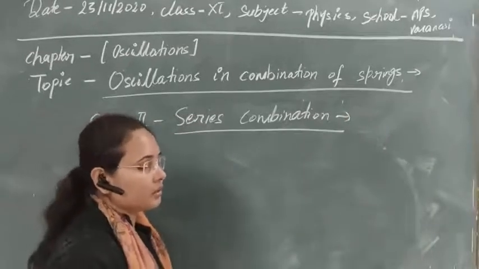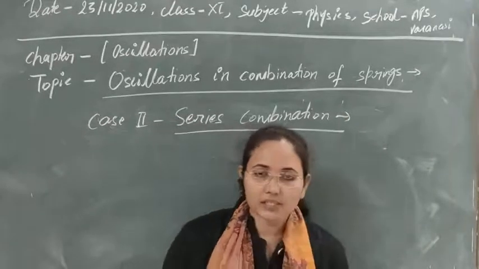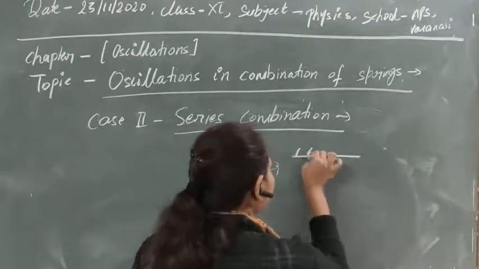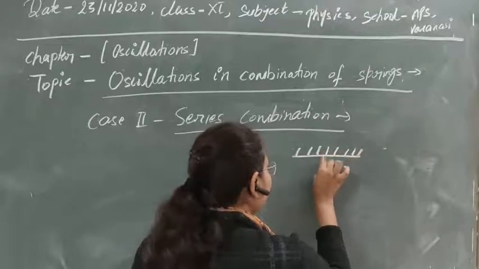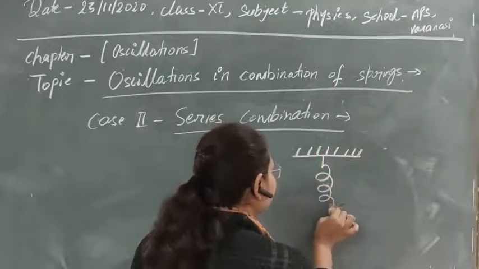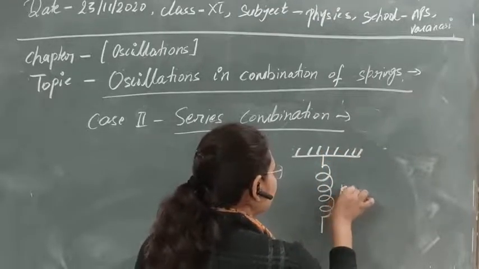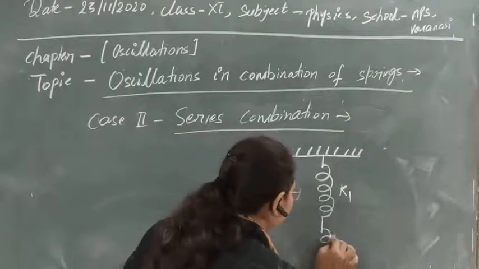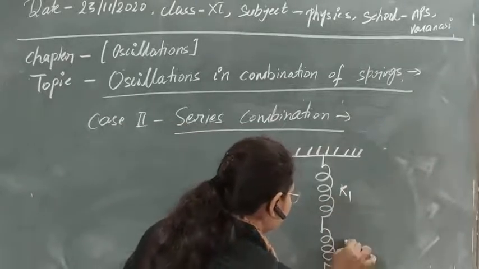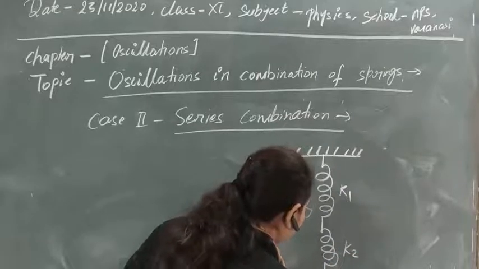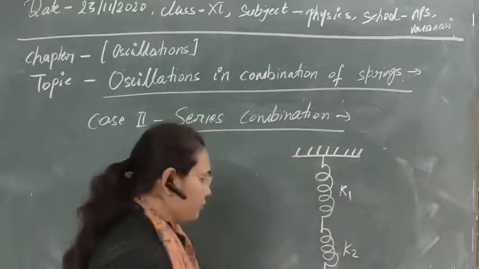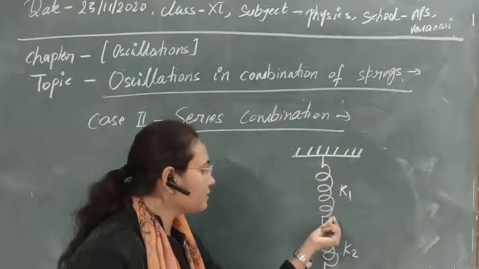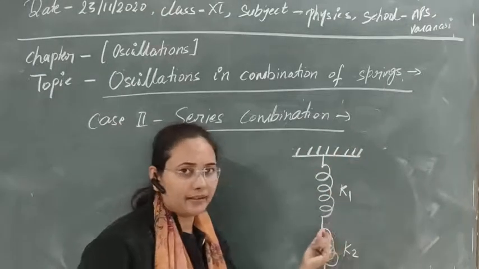Suppose two springs are connected in series, like this is the fixed end and this is one spring of spring constant K1. This is the second spring of spring constant K2, and a mass M is attached to it. Clear? Now these two springs are connected end to end.